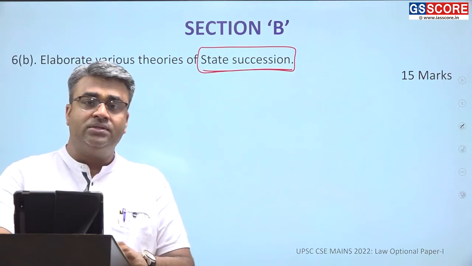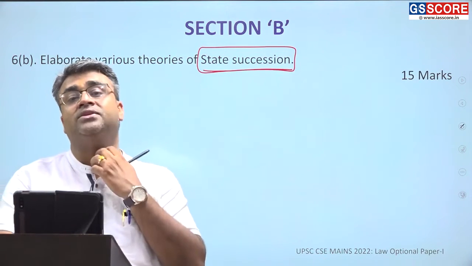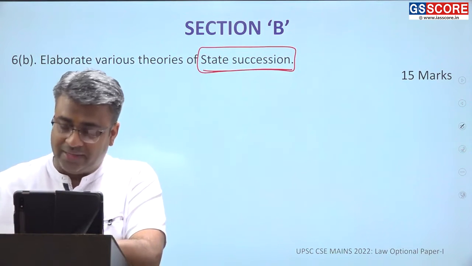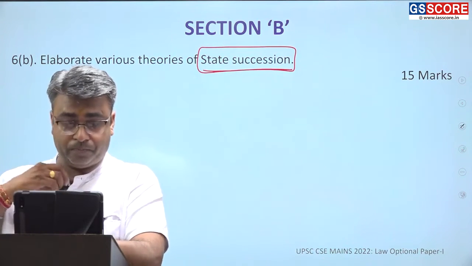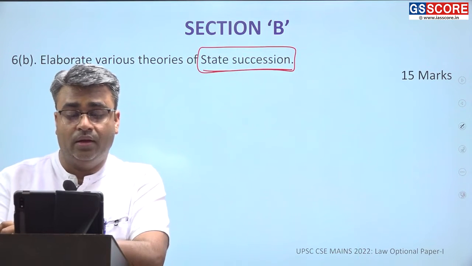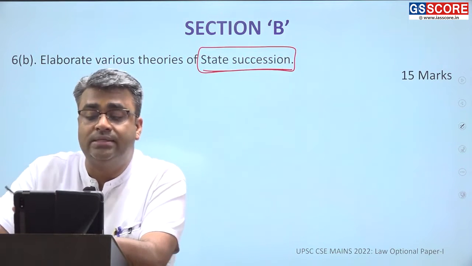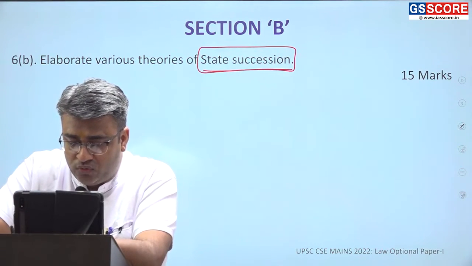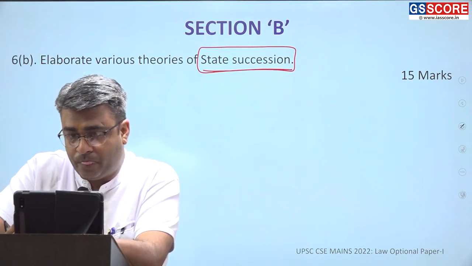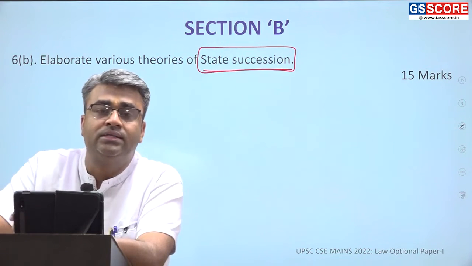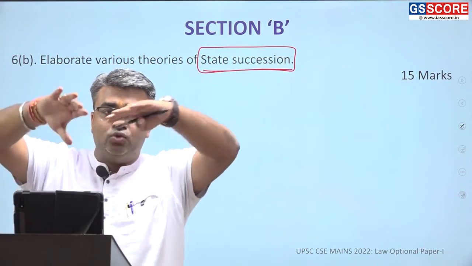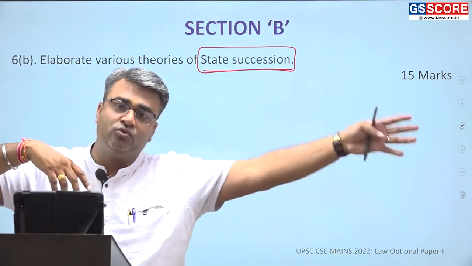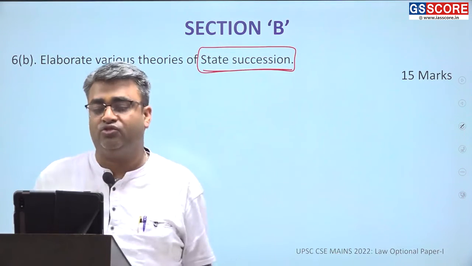State succession means, for example, whenever any new state emerges. First of all, try to explain what is state succession. In the case of USSR, when USSR got disintegrated, the new states came into the picture, or after the independence of India, Pakistan became a new state. This we call state succession actually.